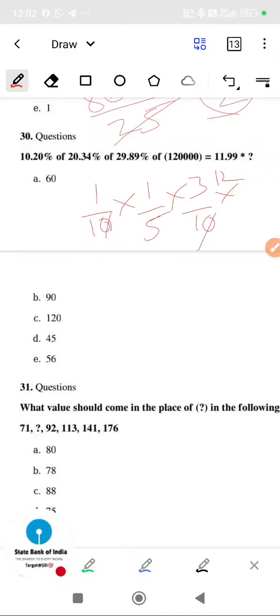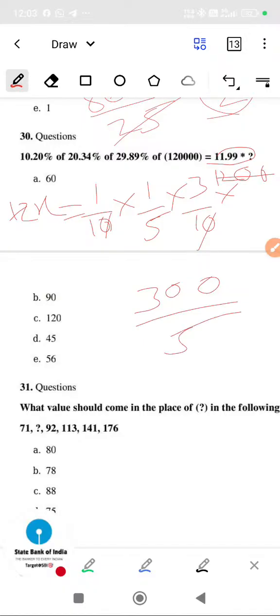Let's eliminate 2 zeros, and we are left with only 2 zeros. Whole equals to, it is given that 12x. So here 1200 and 12 cancels, and we are left with 100 on the top. 3 into 100, which will be 300, divided by 5 times, which will be 60. So answer will be 60. Option A is the answer for this question.